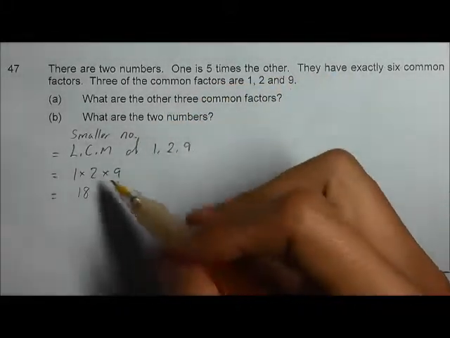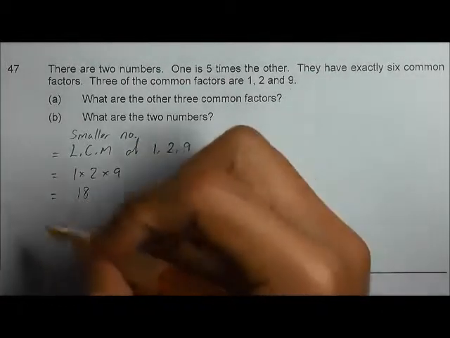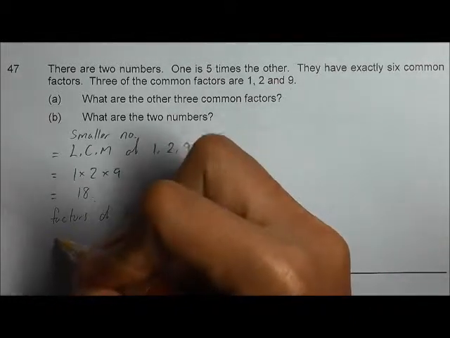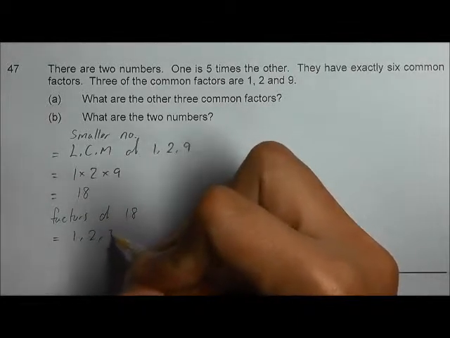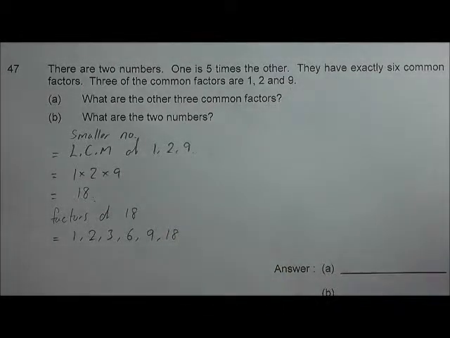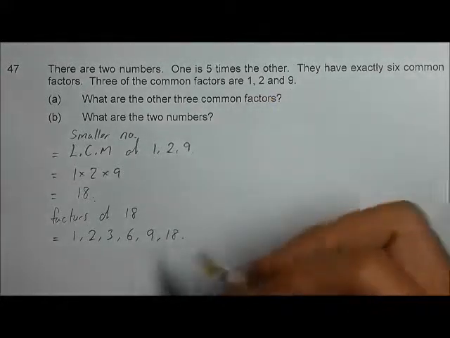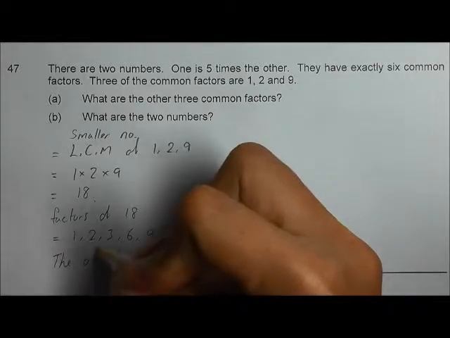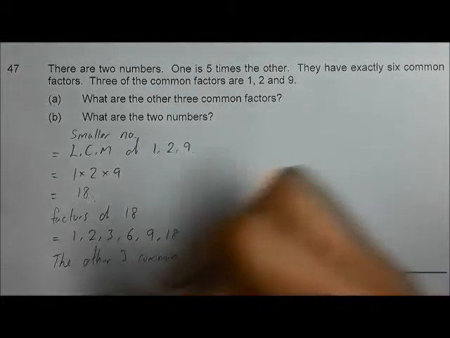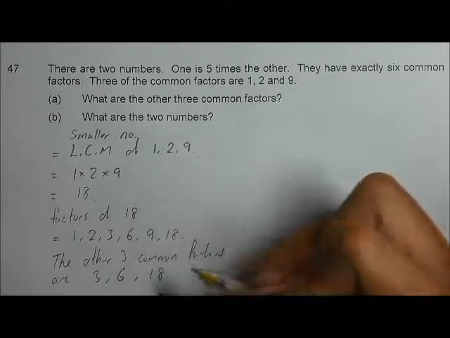Okay, so since the smaller number is 18, we can list down the factors of 18, which are 1, 2, 3, 6, 9, and 18. So the other 3 common factors that are not listed here have to be 3, 6, and 18.